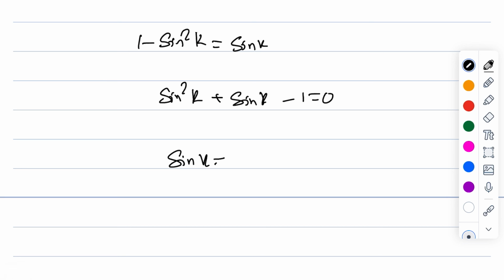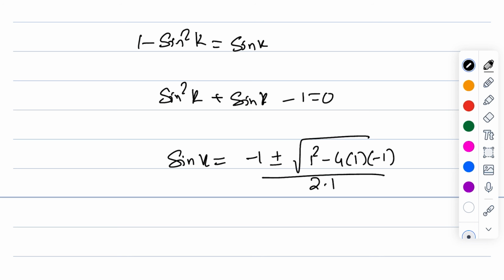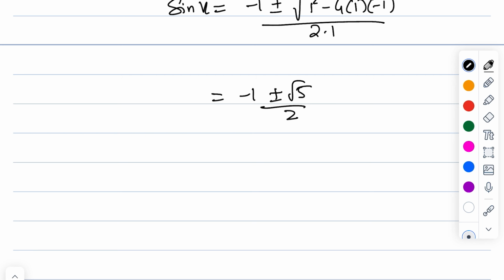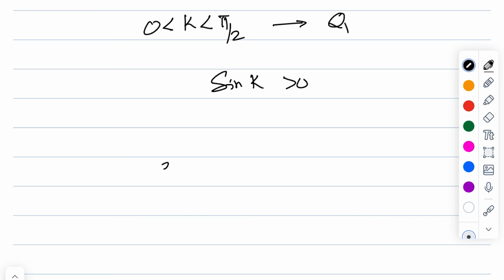So sin k equals minus b plus or minus square root of b square minus 4ac upon 2a. Then you'll get negative 1 plus or minus square root of 5 upon 2. But we are given that k lies between 0 and pi by 2, which means it is in quadrant 1, so sin k should be positive. Therefore, sin k equals negative 1 plus square root of 5 upon 2. That's going to be the answer.